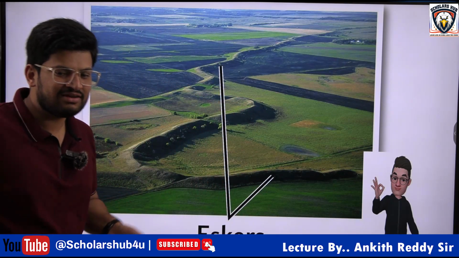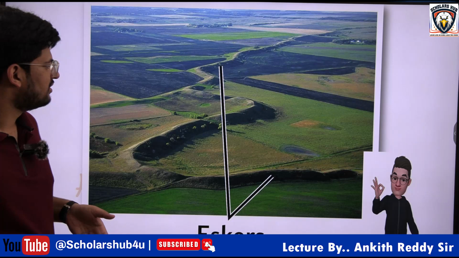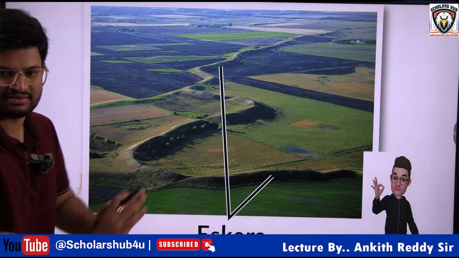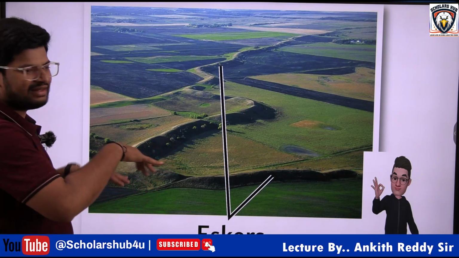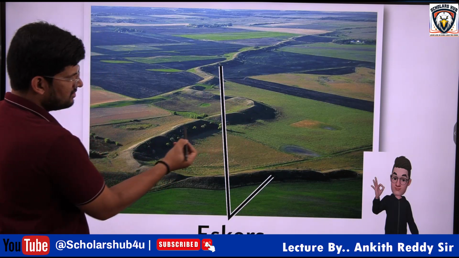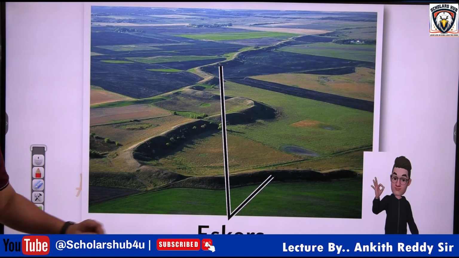So wherever the glacier moves, it will deposit the sediments in its path. And when the glacier melts, all the deposited structure will form longitudinal structures like this. They are called eskers.